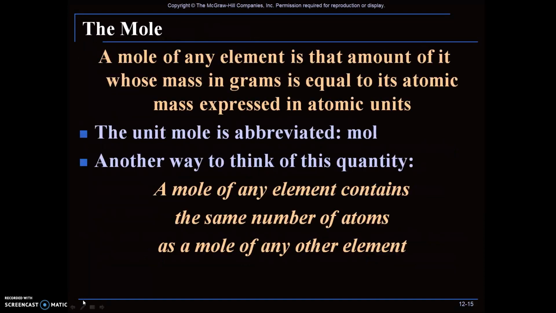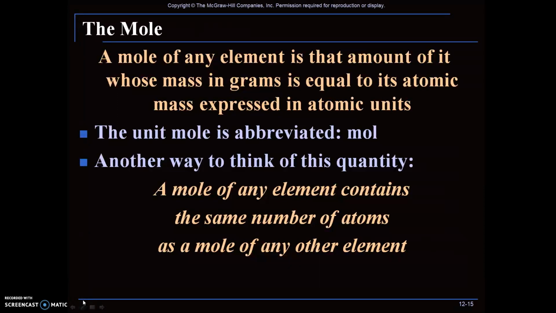So the mole. A mole of any element is the amount of it whose mass in grams is equal to its atomic mass expressed in atomic units. In other simple words, if you express any element's atomic mass in grams, that is equivalent to its 1 mole.